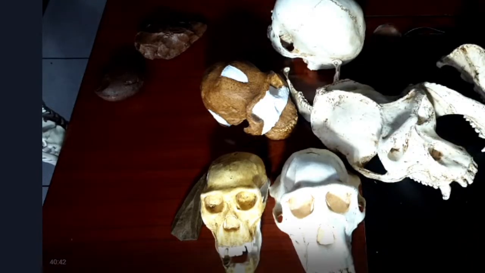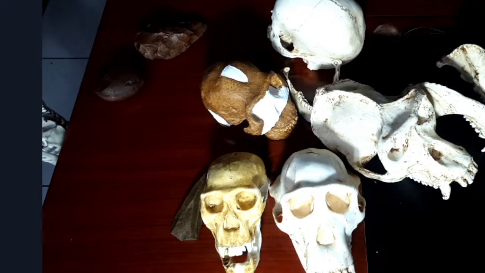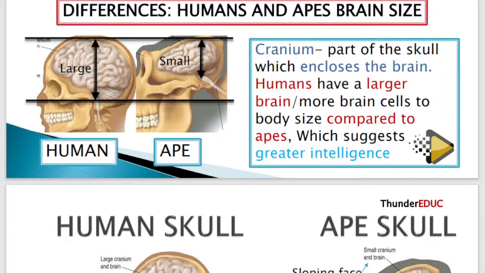If you come back here again and see exactly what happens there, you will see that here in human we have a larger space inside. That larger space inside, what does it mean? It means that you have more brain cells.